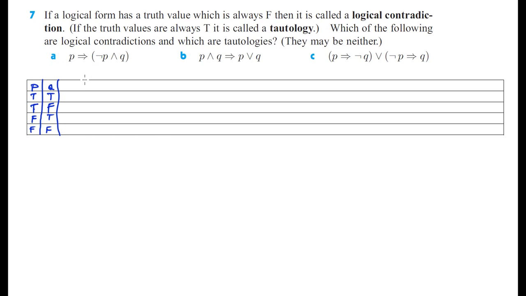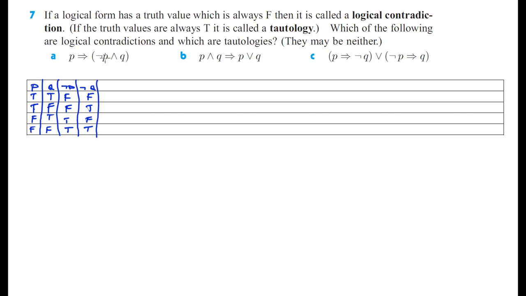We have a not P and a not Q in here, so let's do not P and not Q, just to cut to the chase for later. So P is true, true, false, false, so not P is going to be false, false, true, true. And Q is true, false, true, false, so not Q would be false, true, false, true.